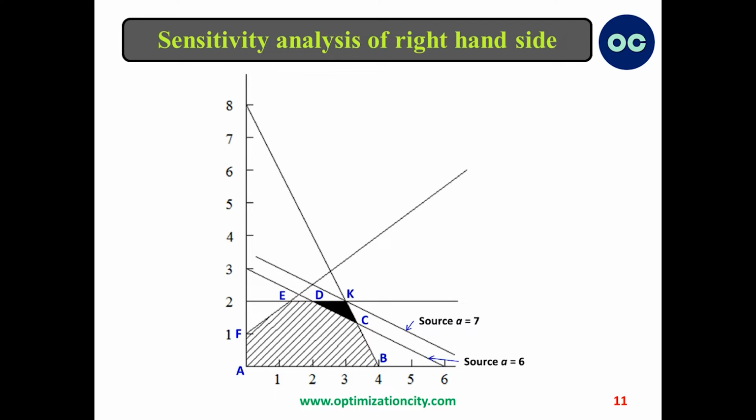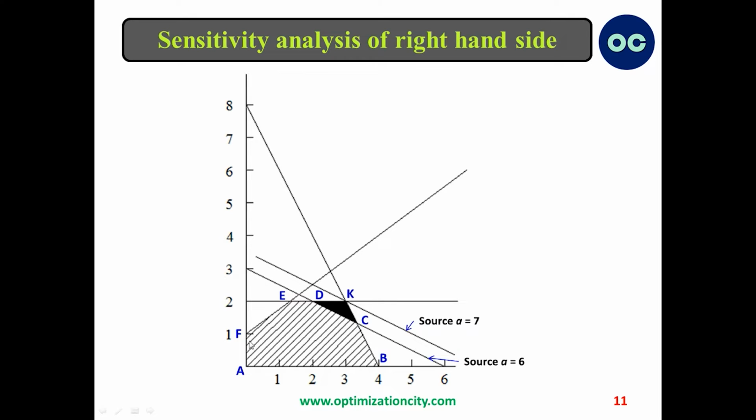As we continue to increase resource A, we reach point K here, where constraints 2 and 4 become significant.